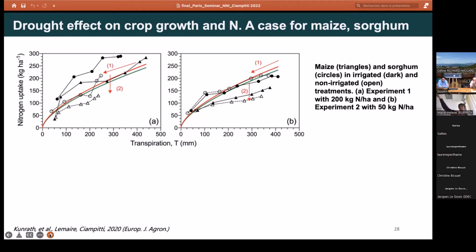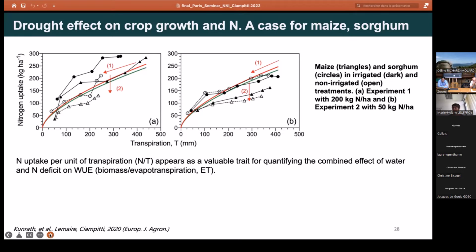Here we show that depending on the situation, the first panel A is with really high fertilization, the panel B is with lower fertilization. And in summary, this nitrogen uptake and transpiration seems to be a really good way to combine these two traits, the nitrogen and water use.